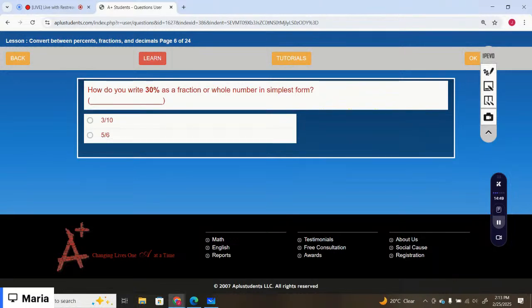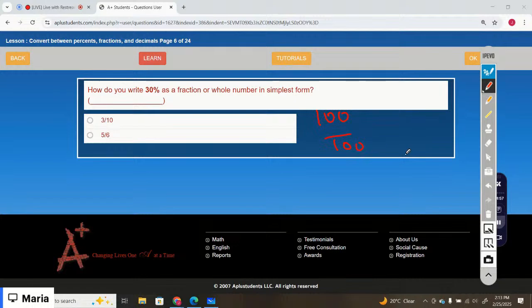How do you write 30% as a fraction or whole number in simplest form? Now you have to convert 30% to a fraction. 30% means 30 divided by 100. Just simplify. 0 and 0 cancel out. You are left with just 3 by 10.